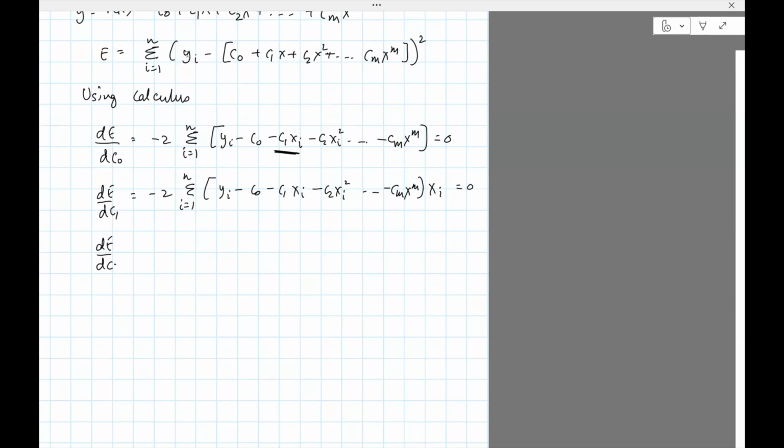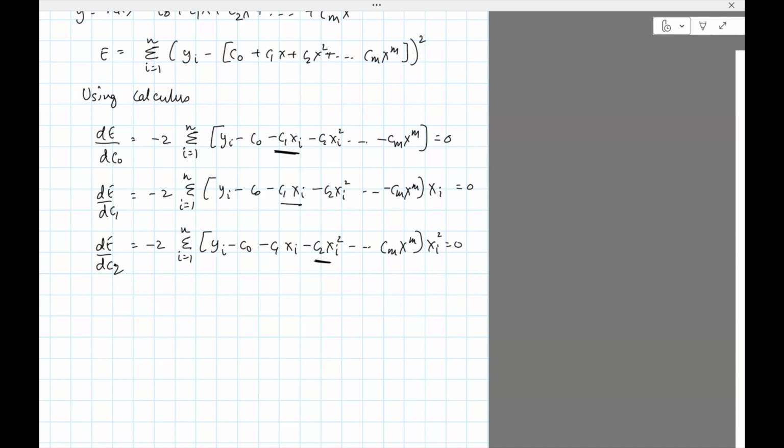It's going to be minus 2 summation i equals 1 to n of y_i minus c0 minus c1 x_i minus c2 x_i squared, and so on till cm x^m, and the derivative of c2 x_i squared with respect to c2 will be x_i squared.